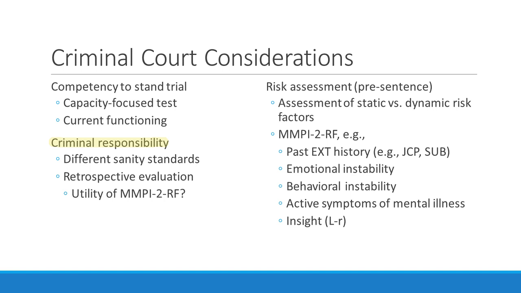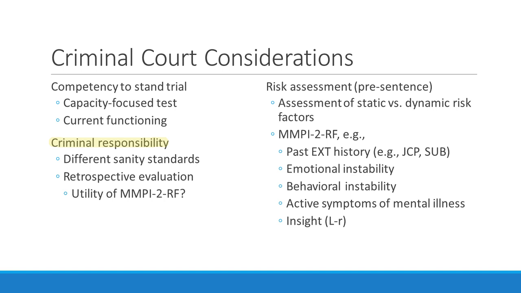Now, mental state at the time of the offense evaluation, of course, is a retrospective evaluation, which is far more challenging, especially with respect to using psychometric instruments like the MMPI-2-RF that measures current functioning.